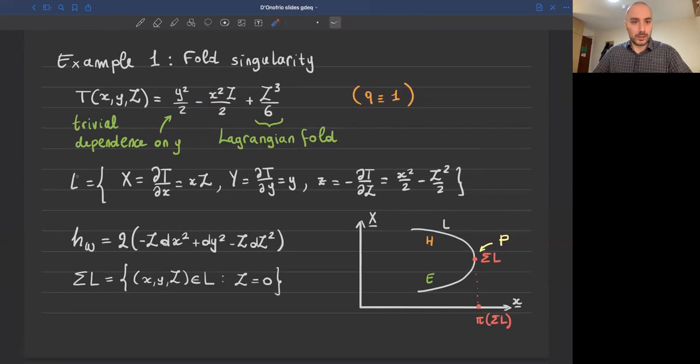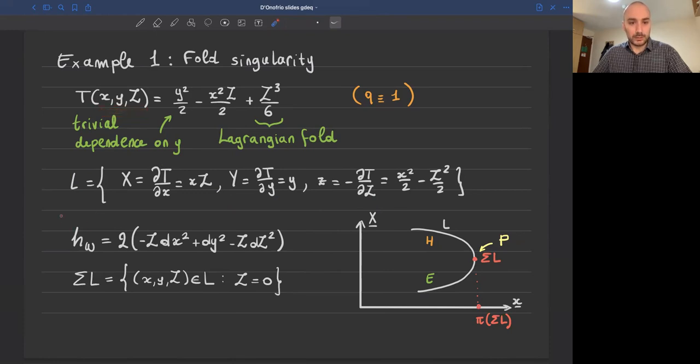First of all, we can recover the expression of the Lagrangian submanifold through this set of equations. These are just classical equations which allow us to describe a Lagrangian submanifold through a generating function depending on just these three variables.